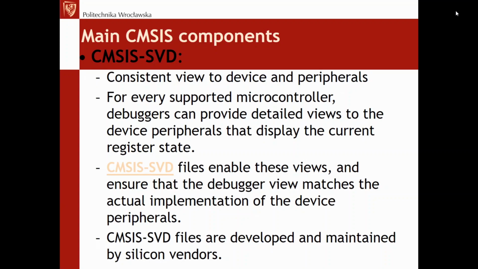Additionally to the standard components, we've got two components useful in debugging, the SVD and DAP components. The SVD is a component delivering a view of the device and peripherals from the debugger perspective. The files for SVD are maintained by silicon vendors, so it depends pretty much on them.